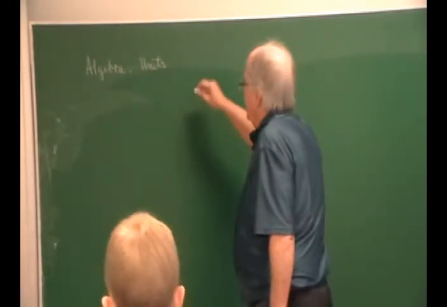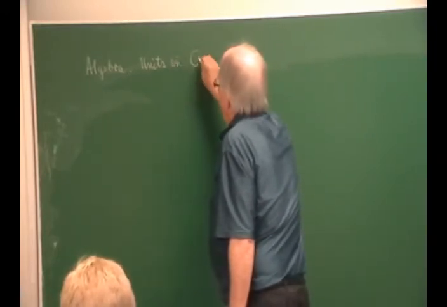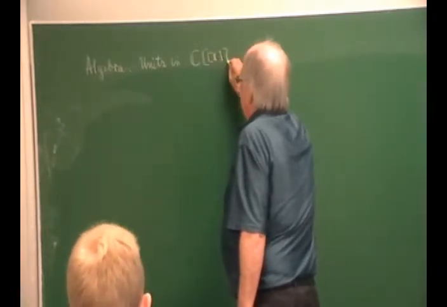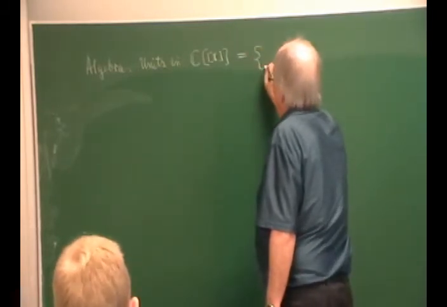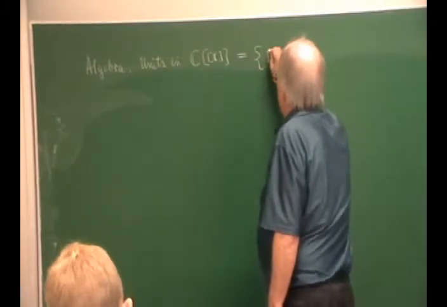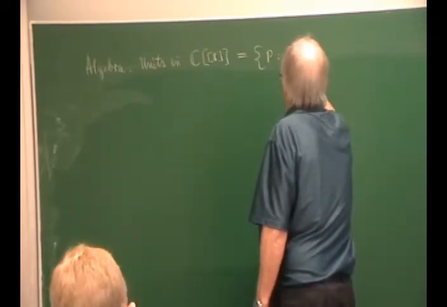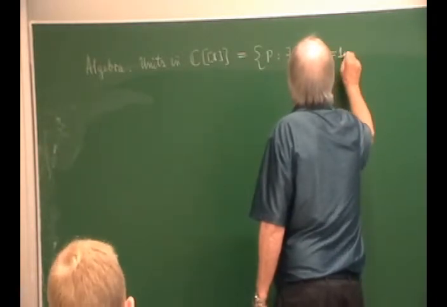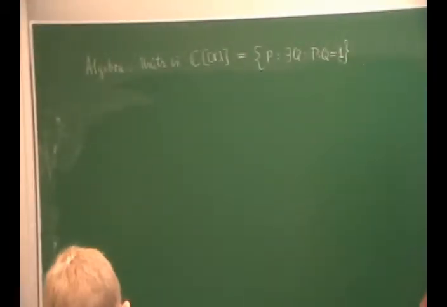So the units in the formal power series algebra are the set of formal power series P such that there exists a Q such that P times Q is 1. 1 is in here. So, the invertible elements.